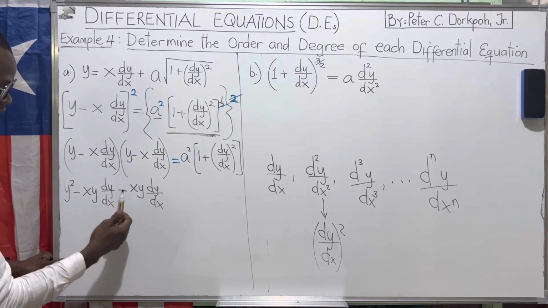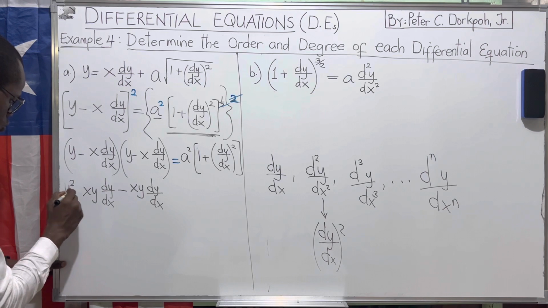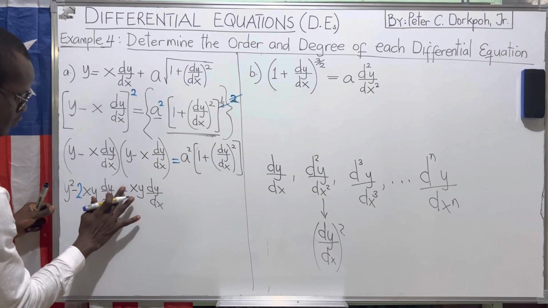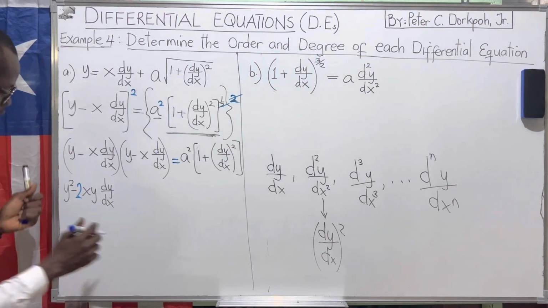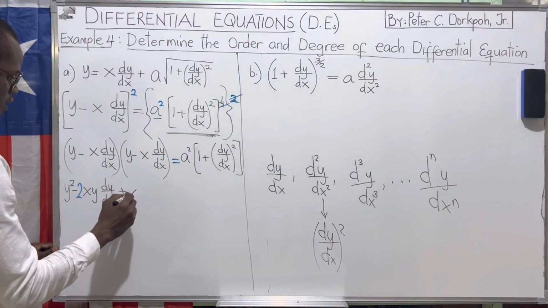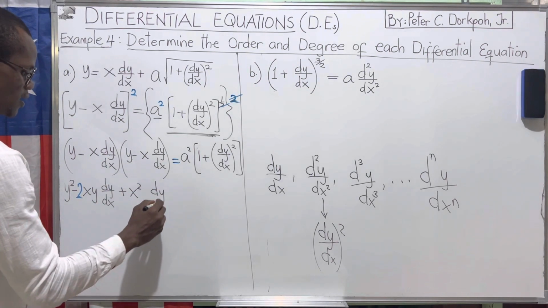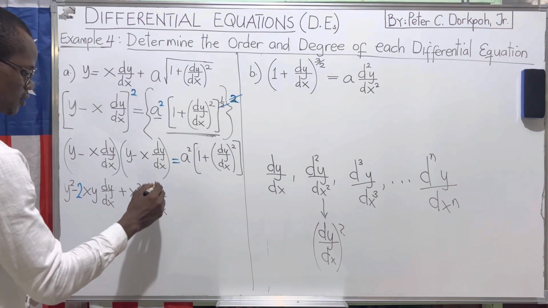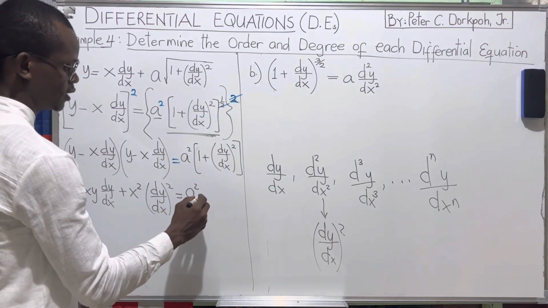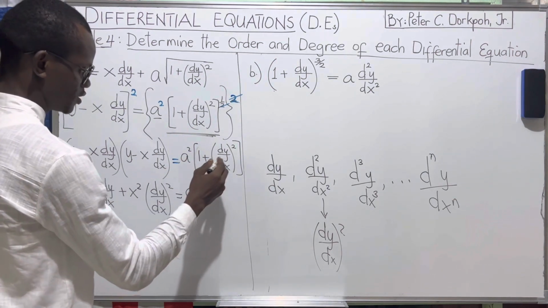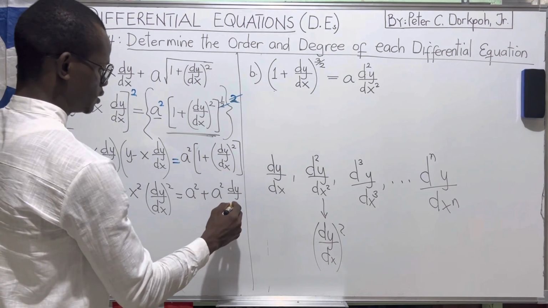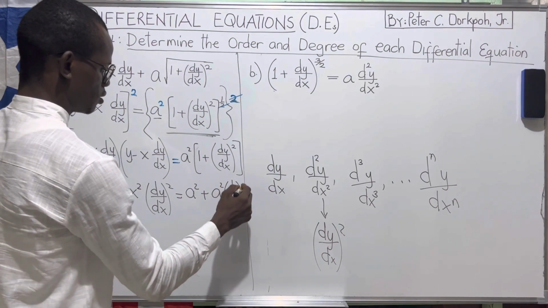The signs are the same, so we're adding them, and this gives us negative 2xy dy by dx. Then the last one gives us positive x squared dy by dx all squared, which must equal a squared times 1 plus a squared dy by dx all squared.